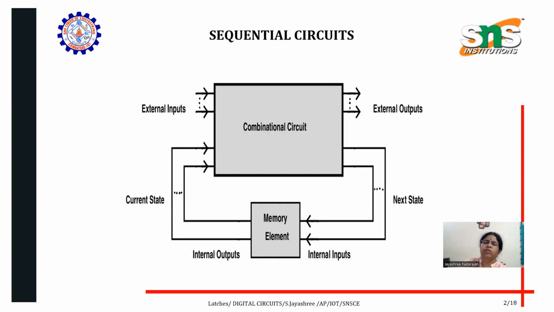See the block diagram of a sequential circuit. The output of a sequential circuit depends on the present input and previous outputs. This block is the combinational circuit. We take its output and store it in our memory element.